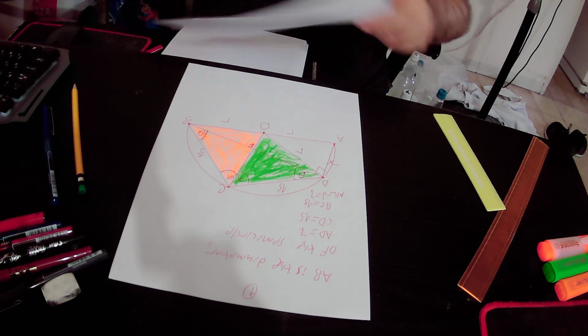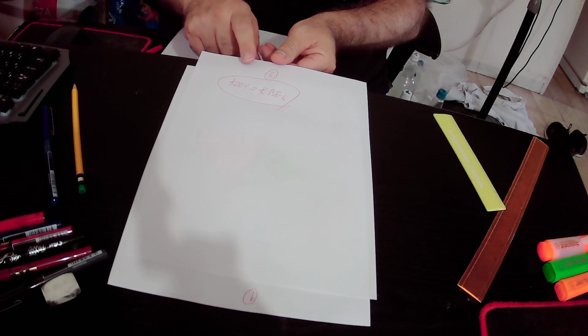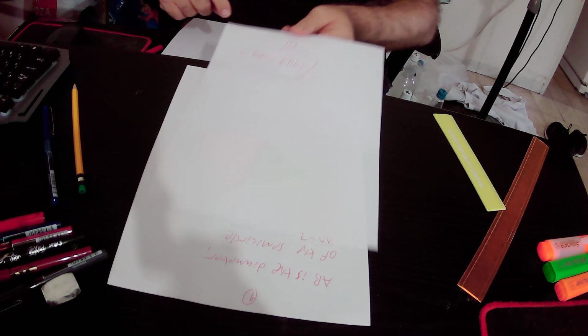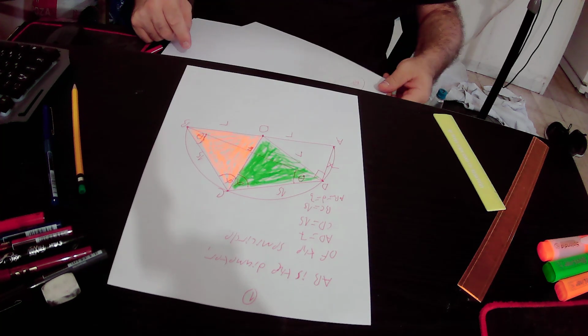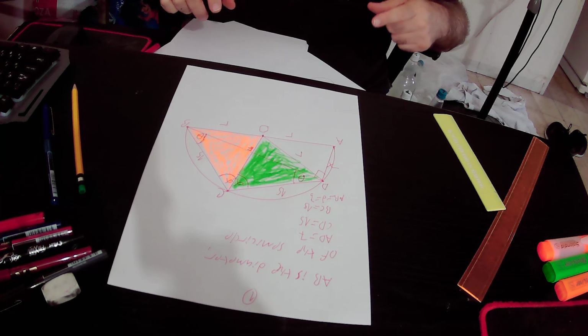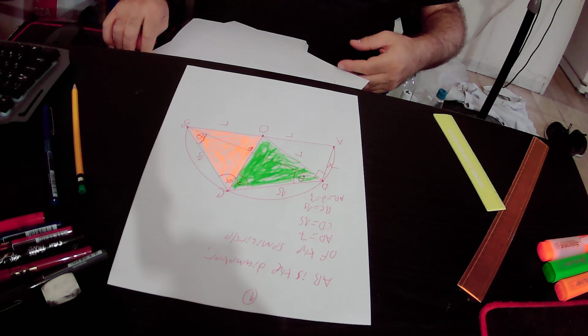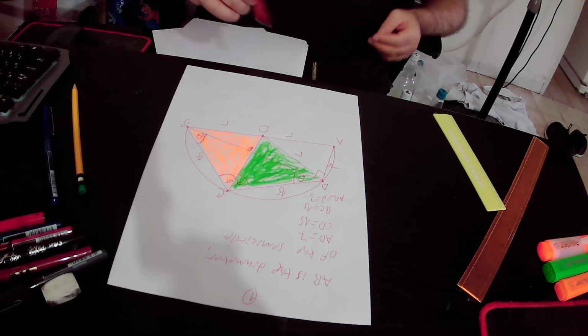Angle DEC on the green triangle is equal to angle BEC on the orange triangle, according to the rule that corresponding angles in congruent triangles are equal to each other. Okay, so those two angles are equal.